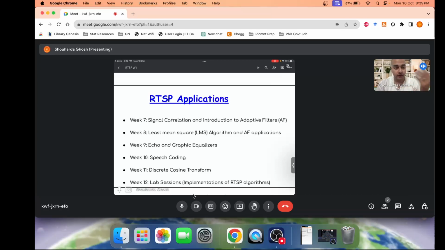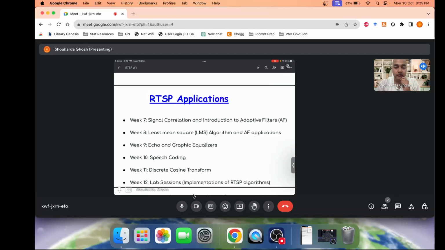Now if your signal statistics change, then the R inverse will change, and you have fixed a W opt beforehand, so now you can't change it anymore. So you always require something else, some adaptivity in your filter. That's where the least mean square algorithm comes into the picture, and you try to simplify the implementation. You remove all the R inverse and all the expectation terms and reduce them to a single sample.